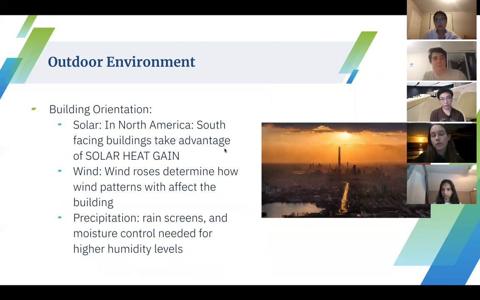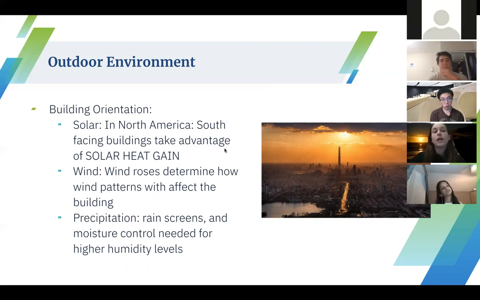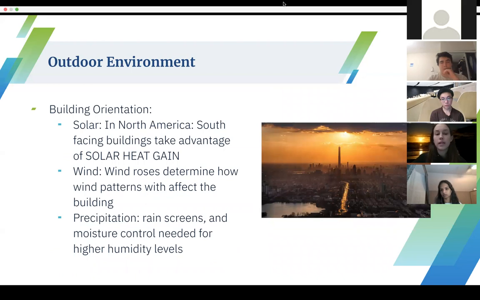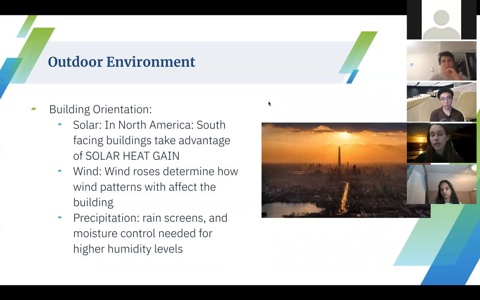The other thing that's really important when it comes to outdoor effects on buildings is solar and building orientation. In North America, we build a lot of our buildings facing south because it takes advantage of the solar heat gain, because in the afternoon there's a lot of sun facing from the south.